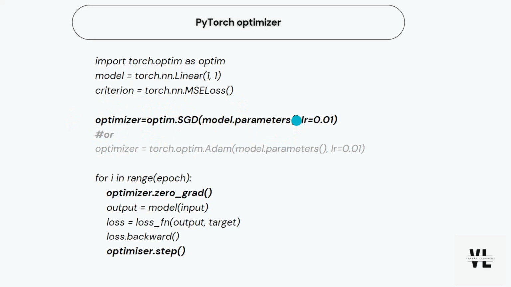We also need a learning rate for our optimizer because the formula for gradient descent includes the learning rate, the parameters, and also the computed gradients. You might ask, where are the computed gradients? Here we're just initializing the optimizer variable.